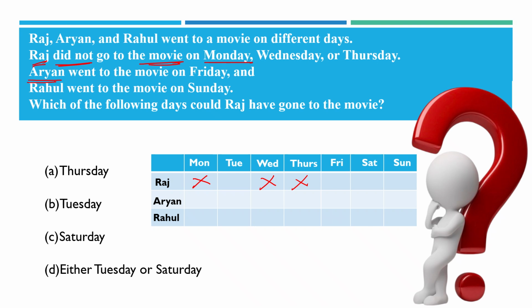Aryan went to the movie on Friday. Since Aryan went on Friday, Raj can't go on the same day, as all three went to the movie on different days. Coming to Rahul, Rahul went to the movie on Sunday. So Raj can't go on Sunday.